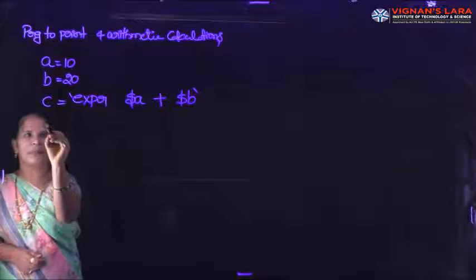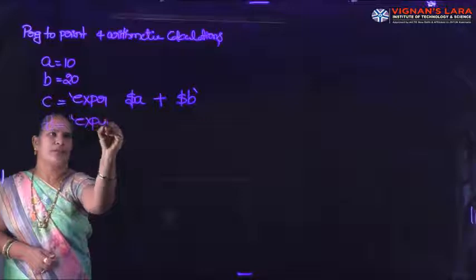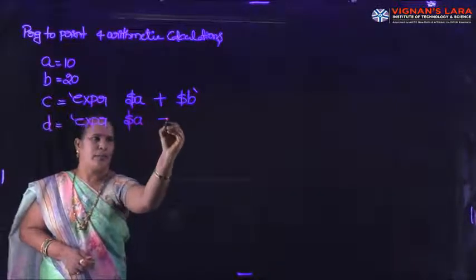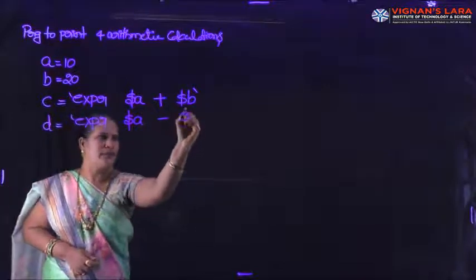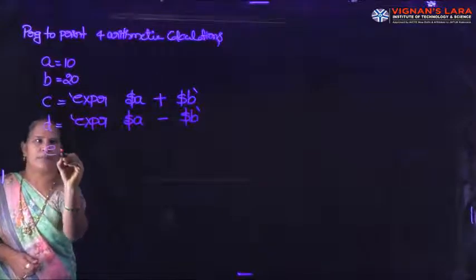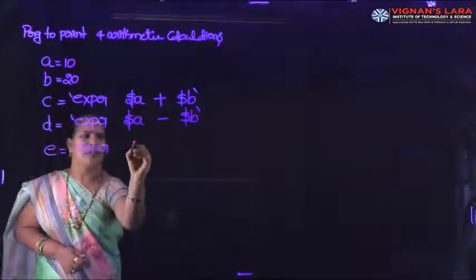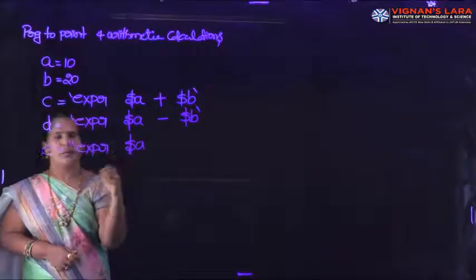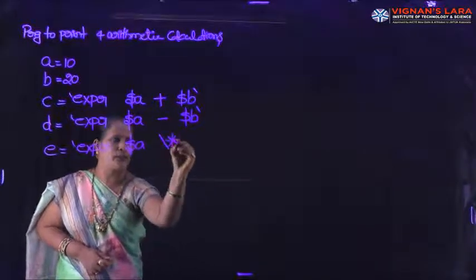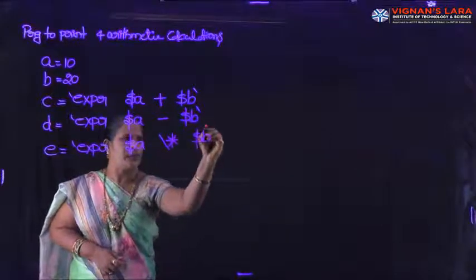Next, the subtraction operation. D is equals to expr $a space minus space $b. Next, multiplication: expr space first variable $a. In order to perform multiplication, we have to use slash star, with no space in between slash and star. Next, the second variable.